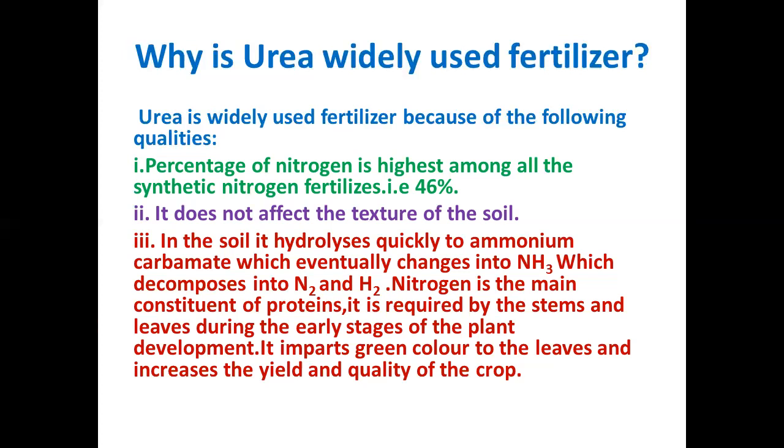First it dissolves in water, and after dissolving in water, it hydrolyzes into ammonium carbamate, and then ammonium carbamate is converted into ammonia. Ammonia then further decomposes into nitrogen and hydrogen, and nitrogen is the main constituent of protein. It is required by the stem and leaves during the early stages of plant development, and it also gives green color to the leaves and increases the yield and quality of the crop.